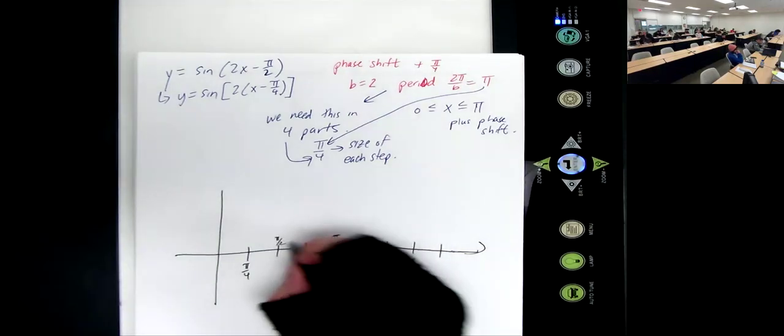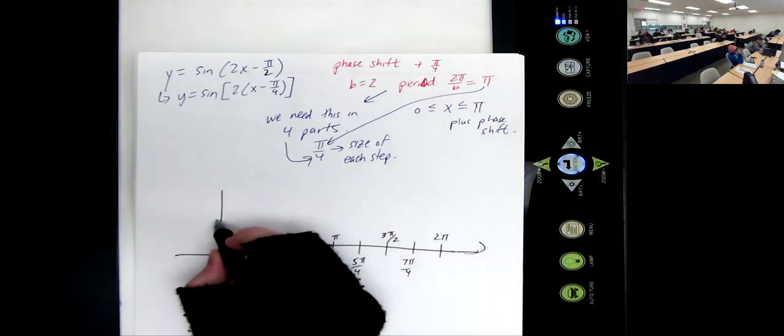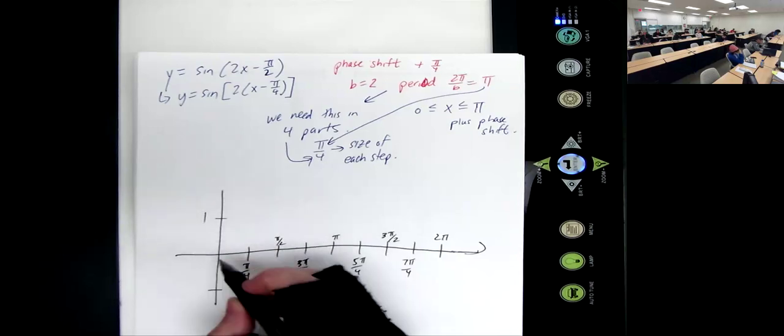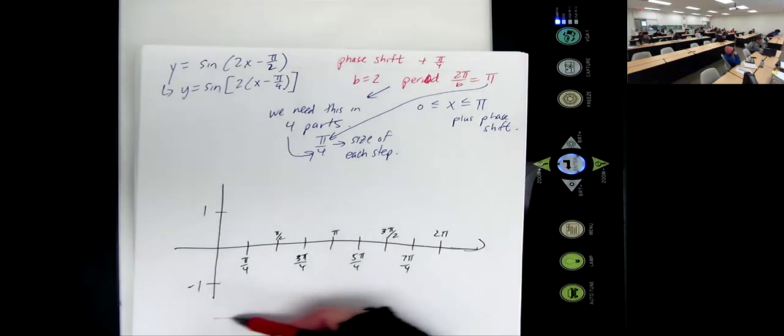It helps to label all the ones you want. We had no amplitude change here, so 1 and -1. So we need to do the full wave, a full cycle, between 0 and pi.